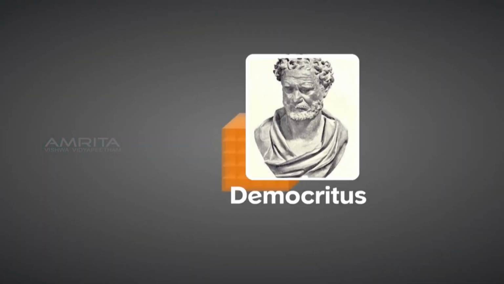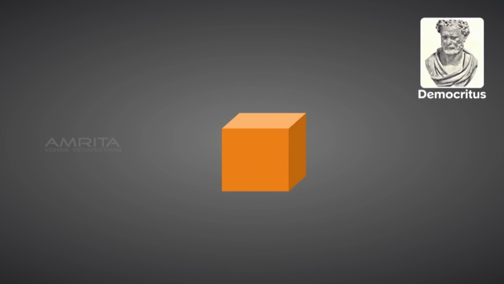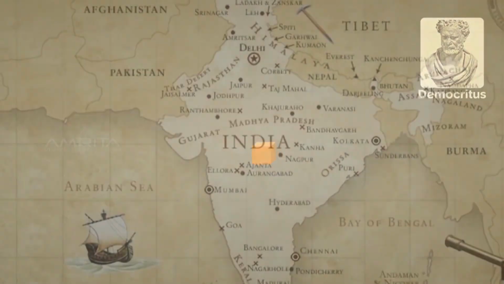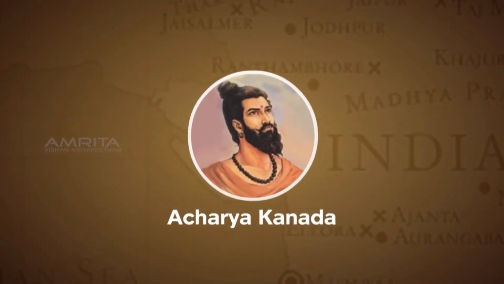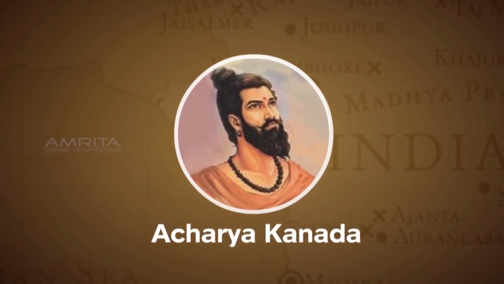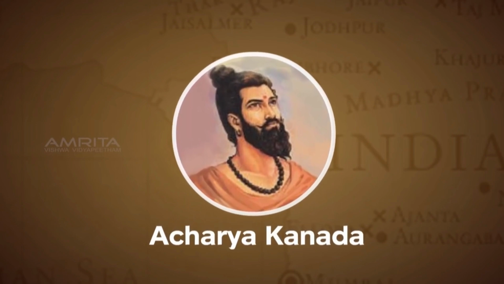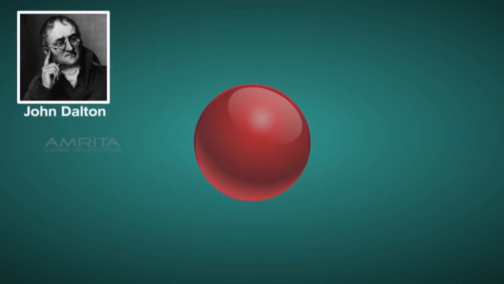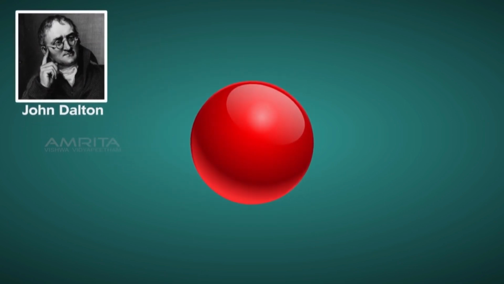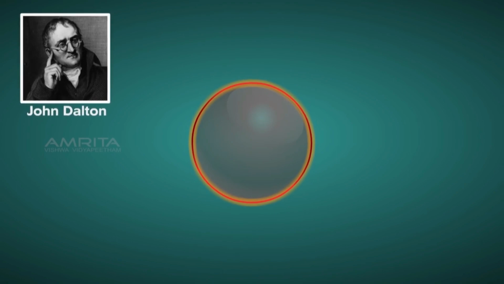Democritus, a Greek philosopher, described atom as that which cannot be cut up further. Acharya Kannada of India defined atom as eternal and indestructible and which cannot exist in free state. John Dalton proposed that atom was indivisible and indestructible, but this can only be said so if it is not composed of further particles.